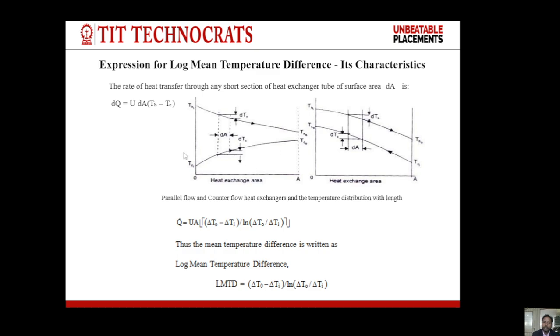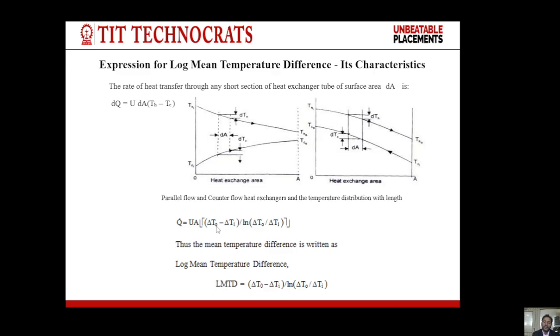So logarithmic mean temperature is basically the mean temperature difference between these two fluids at every section, because we know that the temperature difference between these two fluids at every point is different. So we have to consider a mean temperature which will be equivalent to the whole temperature difference.